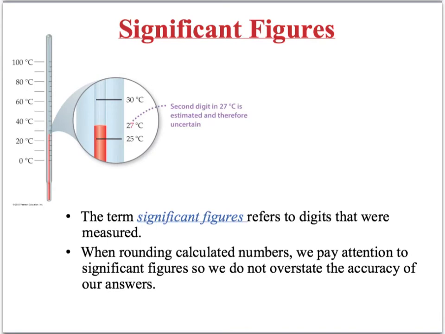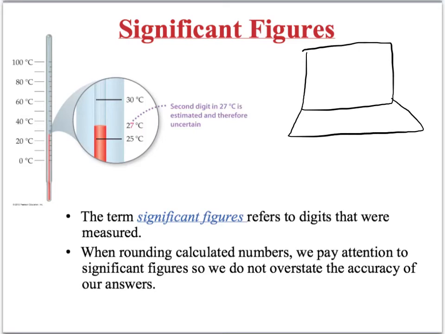Now we can turn to what's termed significant figures, which just refers to the digits that were measured. If we determine the mass of an object on a scale, here's our scale, and this scale reads to 0.0001 grams. That's how accurate it is.